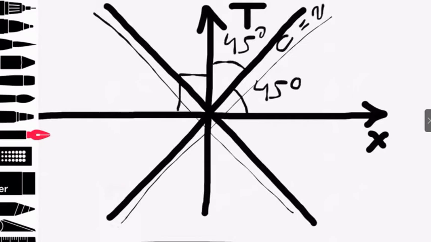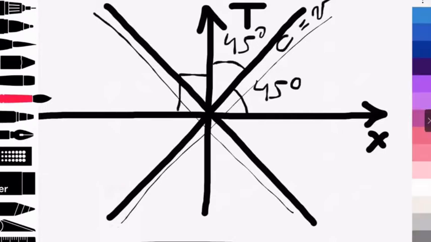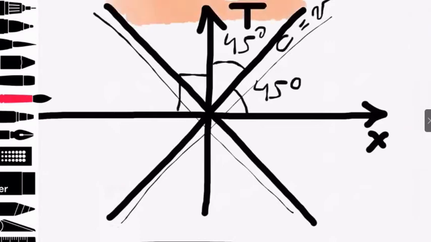So anything that happens in our universe is contained between those lines. Let me look for a nice color, like this one. So our universe, where you and I live now, happens in this region, with the boundary being those thick lines. This is easy to understand, right?